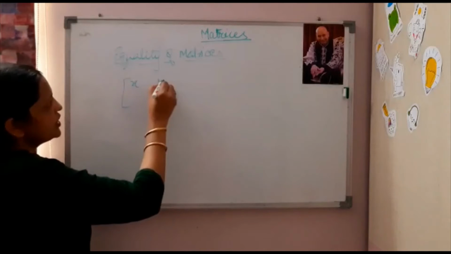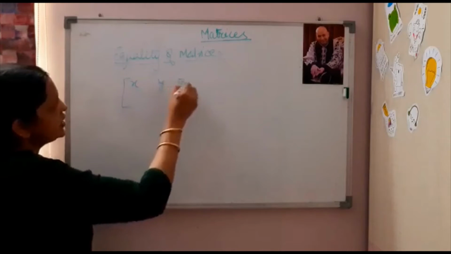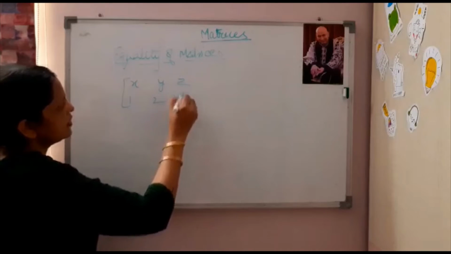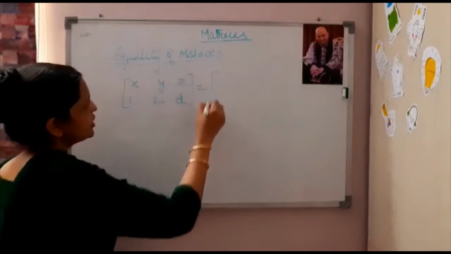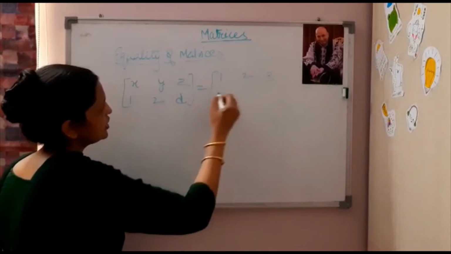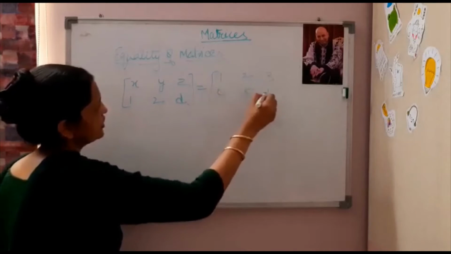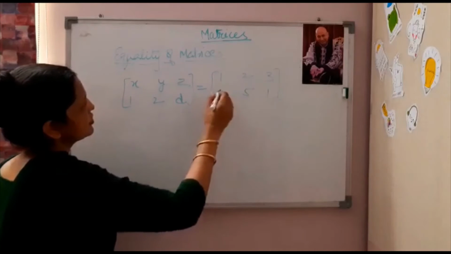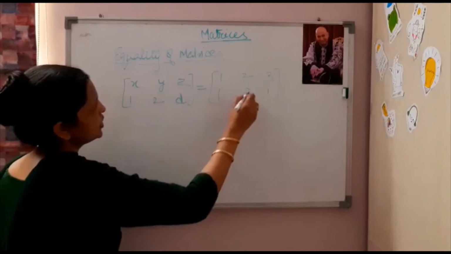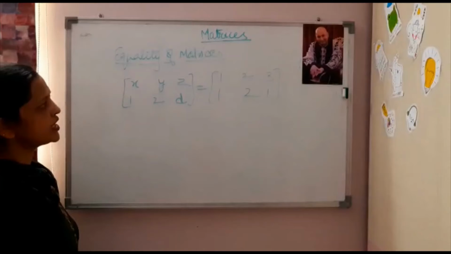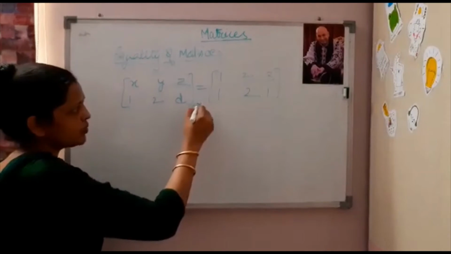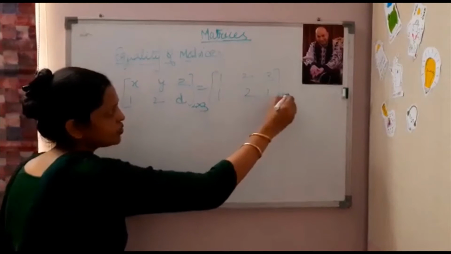Suppose you are given x, y, z, 1, 2, d, equal to 1 2 3, 0 5 1, right? Now in this case you will see, if we are saying equality, here the order is 2 by 3, and here the order is also 2 by 3.